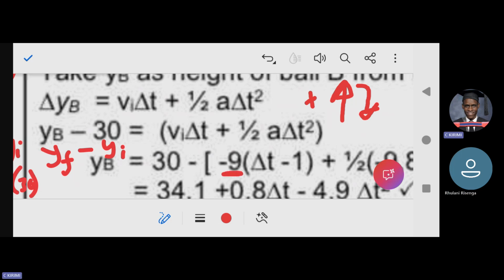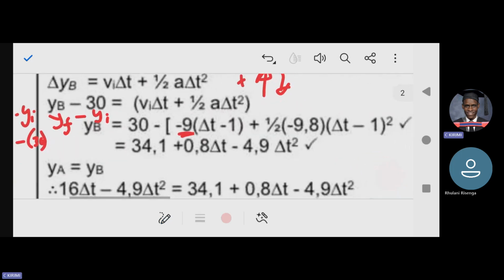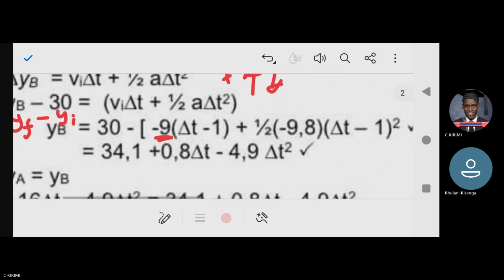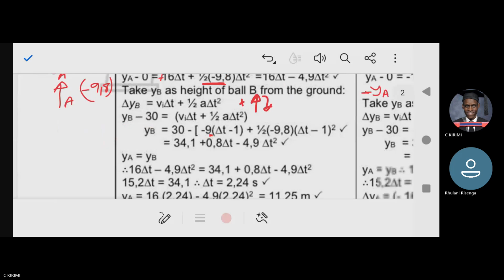Before we talk about the other negative values, let's start with that 9. -9 meters per second is downwards. Then the acceleration as you are going upwards, we said the acceleration is -9.8.